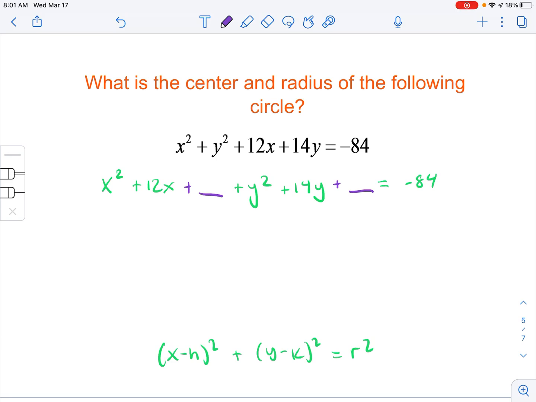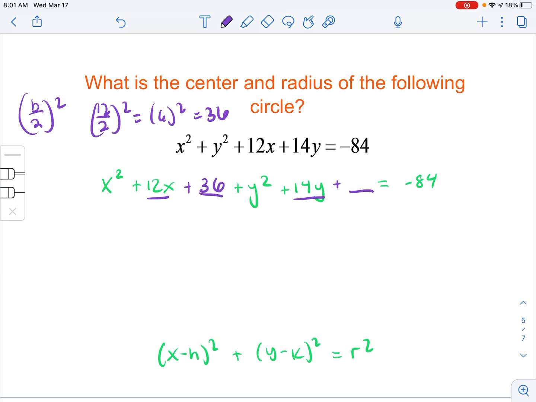So if we're looking at x squared plus 12x plus a blank, remember we're taking b over 2 squared. And the b is always going to be the non-squared term coefficient. So for the first two terms, we have 12 over 2 squared, which is 6 squared, which is 36. So I'm going to add 36.